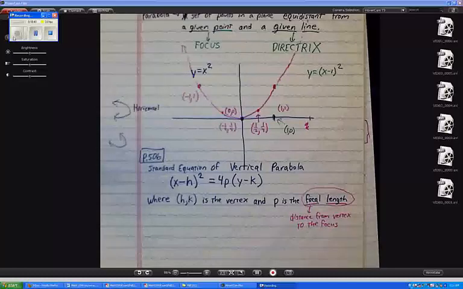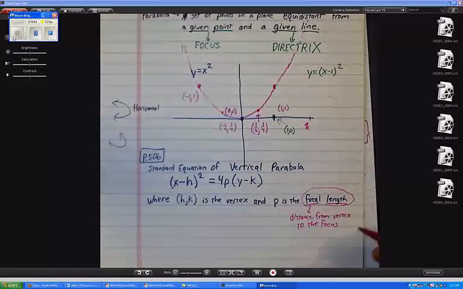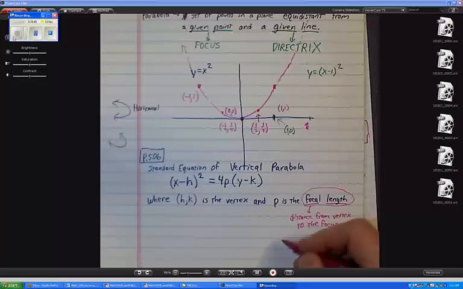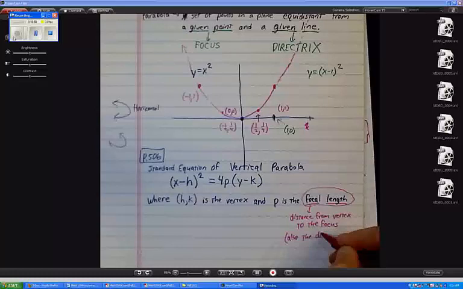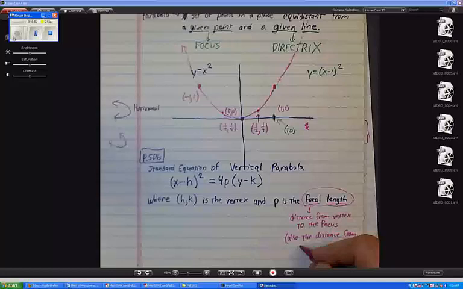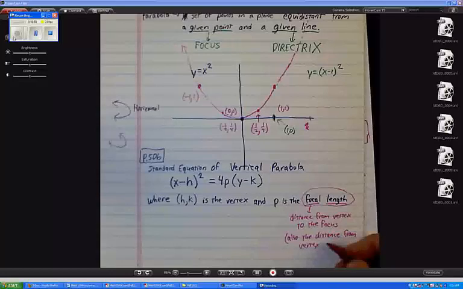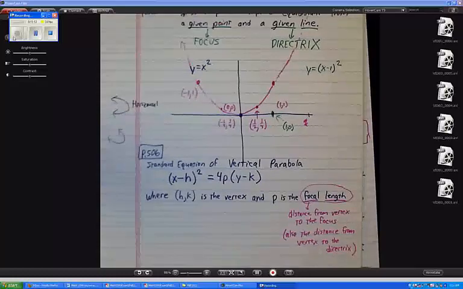By the way, if it's the distance from the vertex to the focus, I'm going to say it's also the distance from the vertex to what? I'm making you use new vocabulary. To the directrix? I don't know. Does that make sense to you guys?